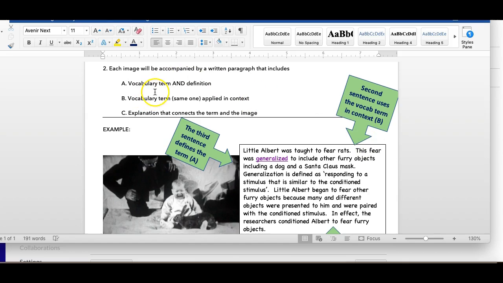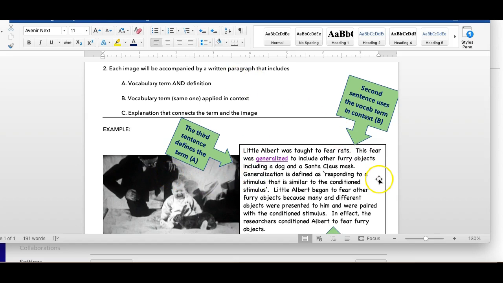This is where I've used the vocabulary term in context. This fear was generalized to include other furry objects, including a dog and a Santa Claus mask, okay? So once again, this is the vocabulary term that I will define, but I have applied it, I have used it in context with what we are talking about here with classical conditioning.